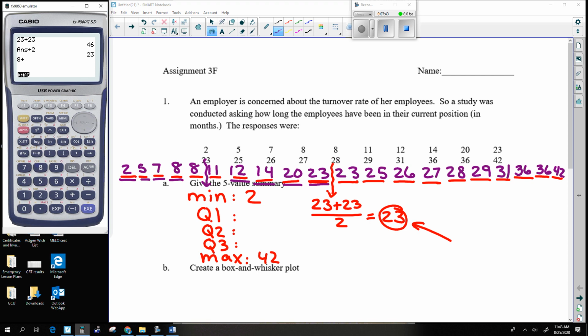So 8 and 11 is 9.5. The high side, 1, 2, 3, 4, it's in between those two numbers. So between 28 and 29 is 28.5.